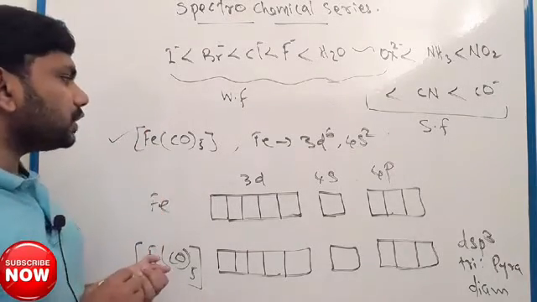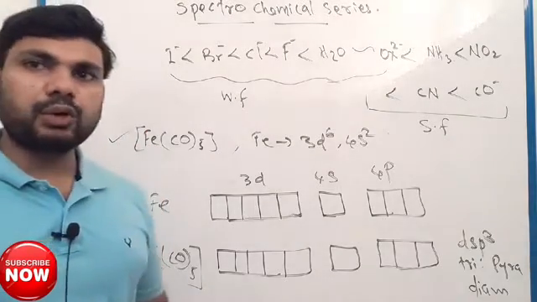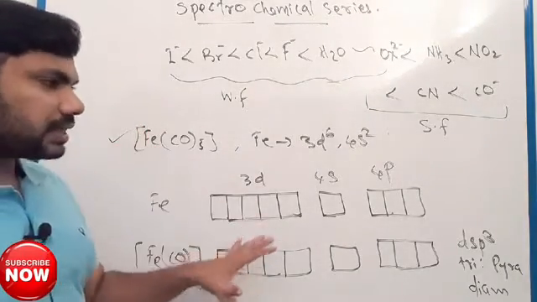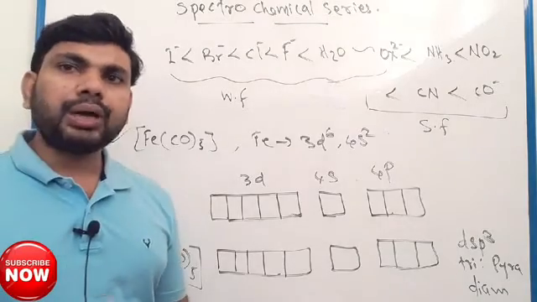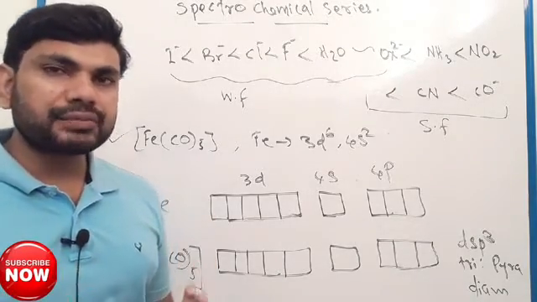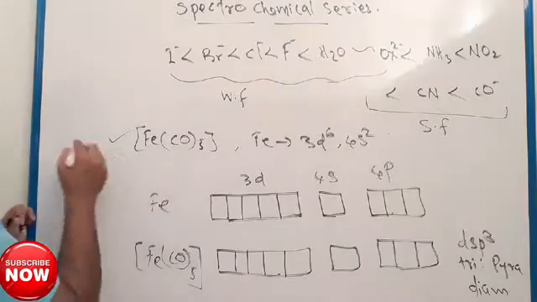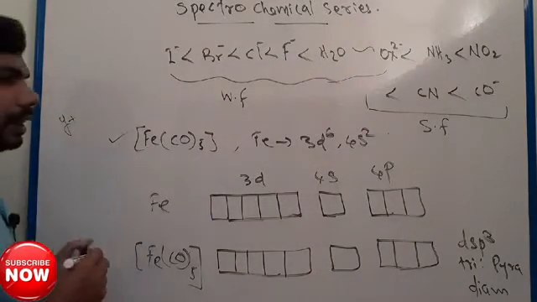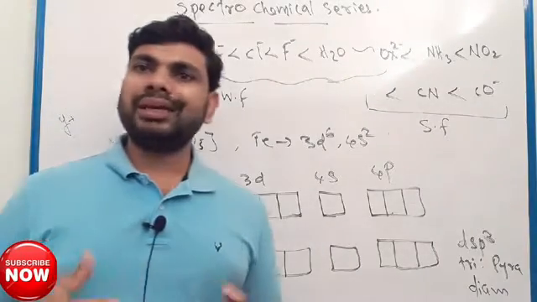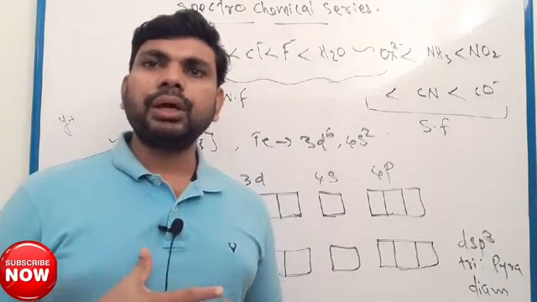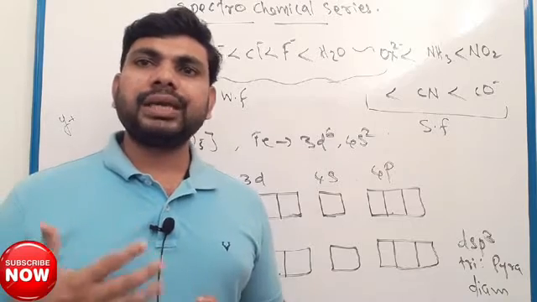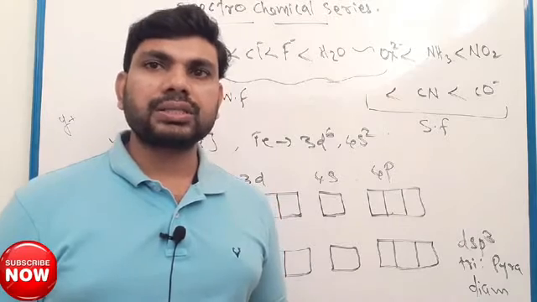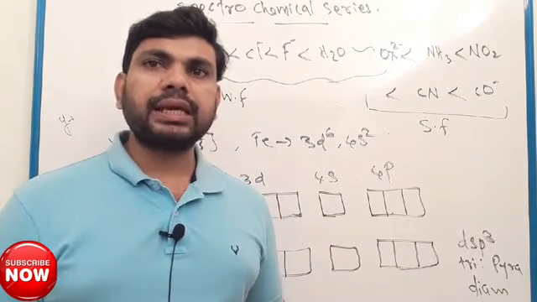Based on this, we have one more example here: Fe(CO)5. To solve this type of compound, first you have to understand the charge of the central metal atom. Here you want to find the charge of iron. Carbonyl: I told you in the beginning, during naming of coordination compounds, which ligands have which charges, so you can revise that video once again.